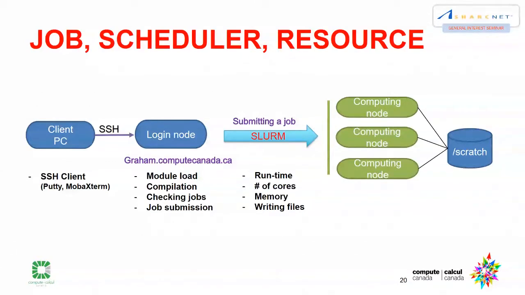Sometimes you need to check which queue is available right now, and sometimes you have to make sure what your job type is. Is it serial, parallel, threaded, or sometimes GPU? You have to put the appropriate tag or queue information in your SBatch file, which is a job submission script, so that the scheduler will appropriately allocate your job to the proper pipelines.